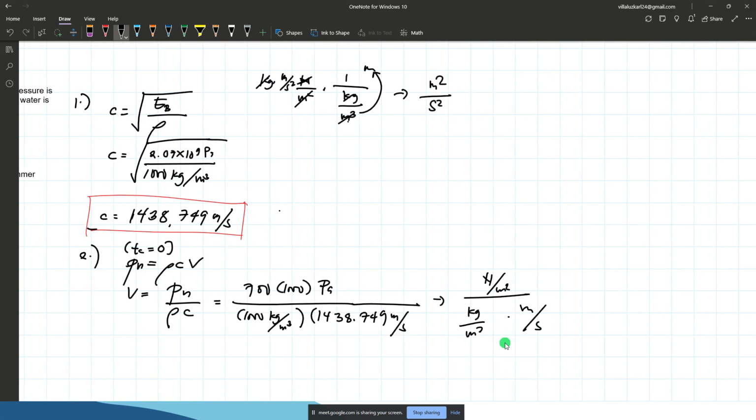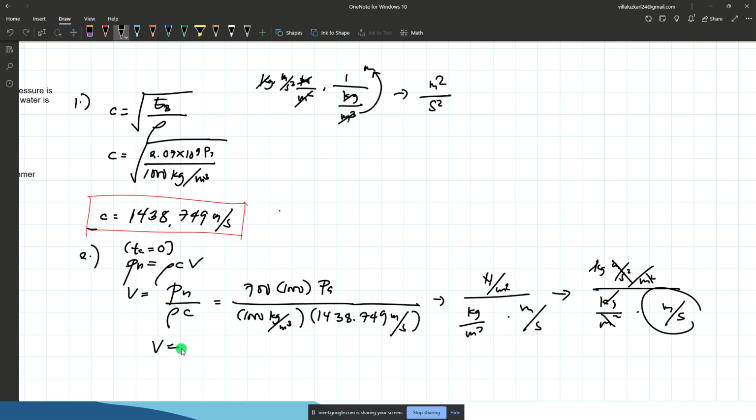When we convert all that, the unit for Newton is kilogram meter per second squared per meter squared, over kilogram per cubic meter times meter per second. When we cancel all of the units, what will remain here is the unit meter per second for the velocity.